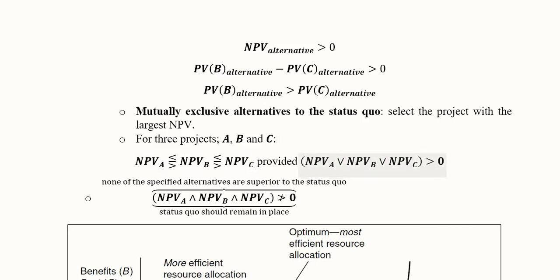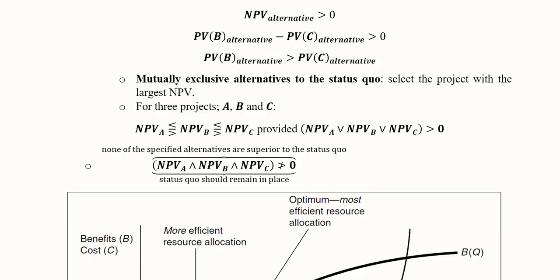It is a condition that at least one of these NPVs has a positive NPV, because if none of them has a positive NPV, then definitely the status quo would be desirable, as the status quo would be without any negative NPV.